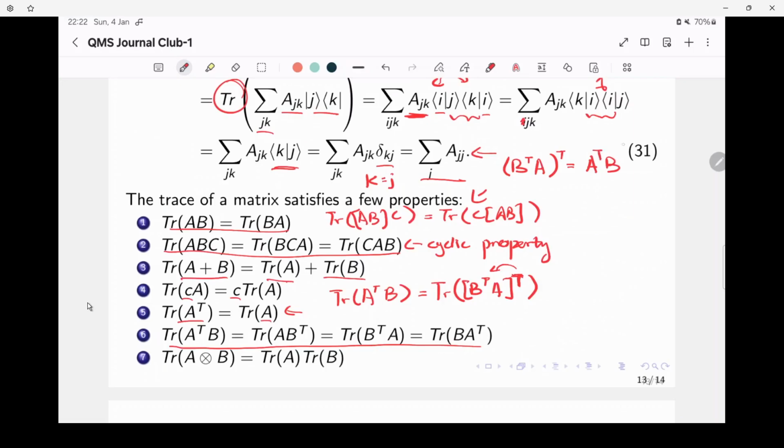So B transpose transpose becomes B. That's how you get back A transpose B. So I hope this step is clear. And then once you did that, this is actually equivalent because of property 5. This is equivalent to B transpose A. That's how you show this.